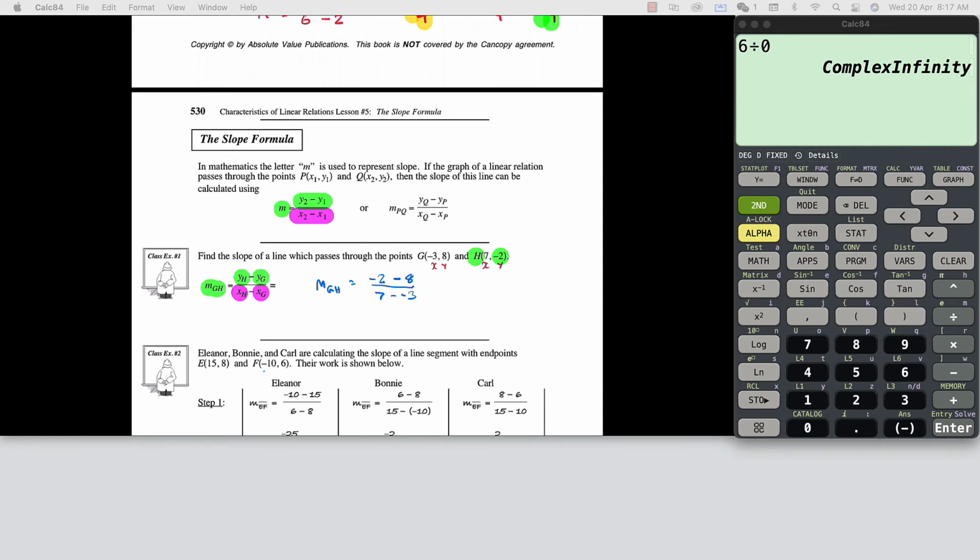A lot of times students will just go 7 minus 3 because it looks funny when you put the two negative signs in there. If we simplify this, we get negative 10 over 10, and reducing that, we get negative 1 over 1, which equals a slope of negative 1.